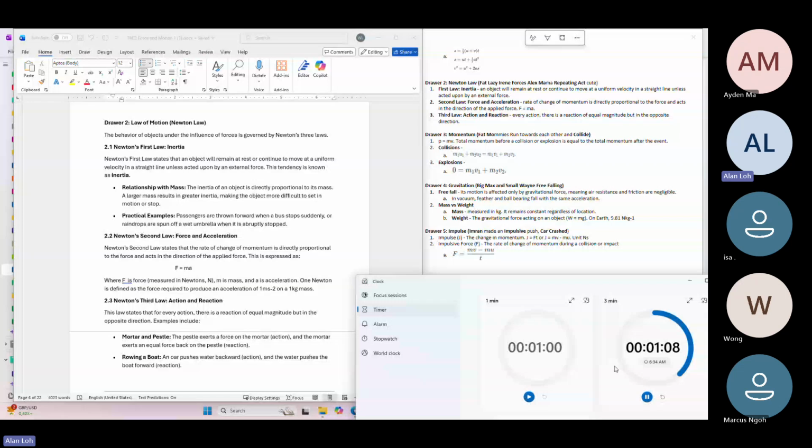Right? So the three laws over here, Newton's laws: inertia, force and acceleration, action and reaction. That is drawer number 2. The name is Newton's laws.